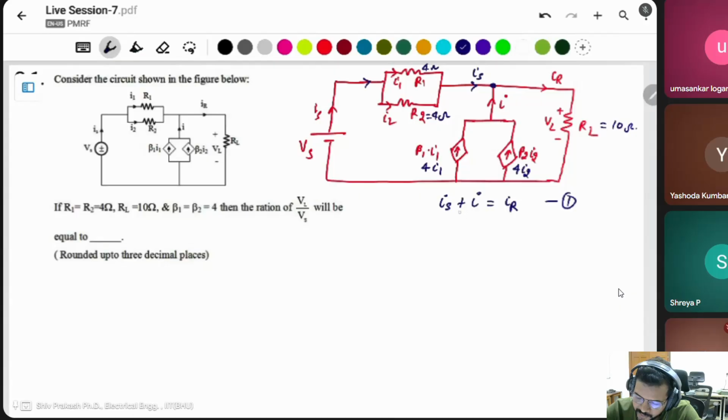Then you can put the values here: IS is I1 plus I2, and I is 4 I1 plus 4 I2. IR total is 5 I1 plus 5 I2 is equal to IR.